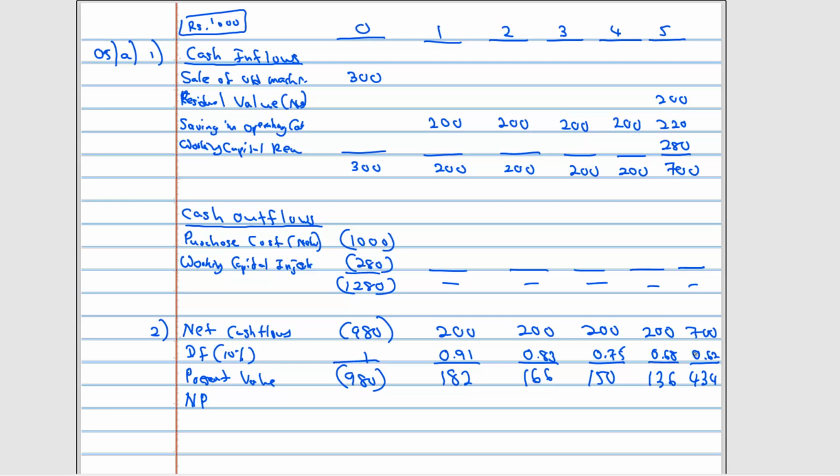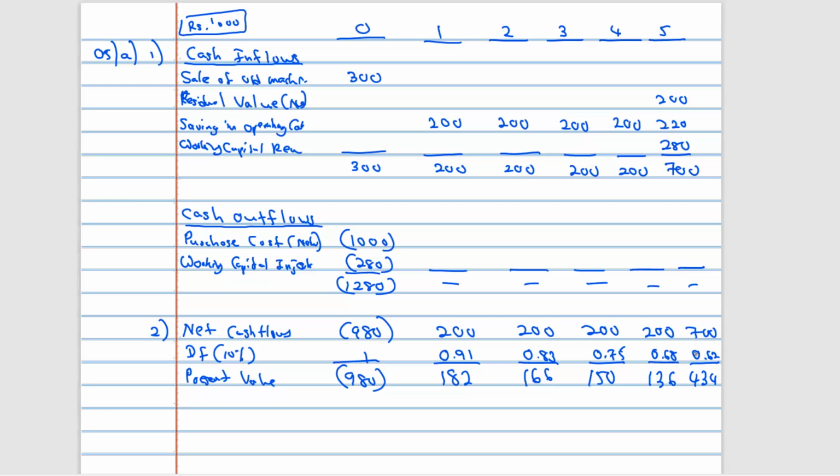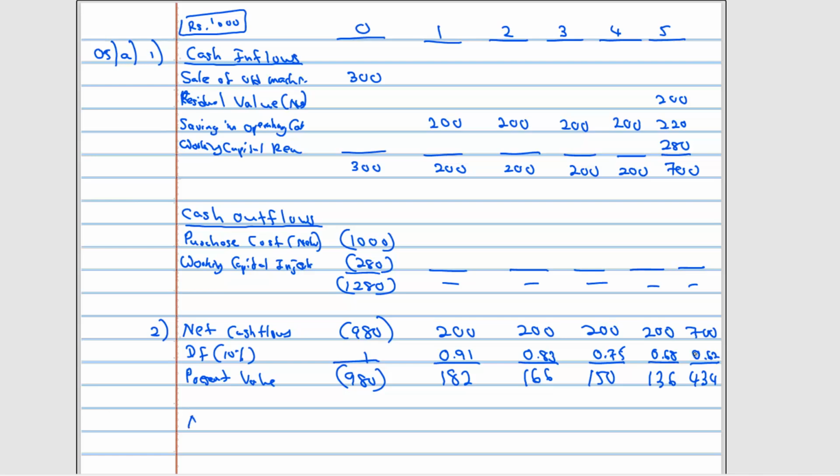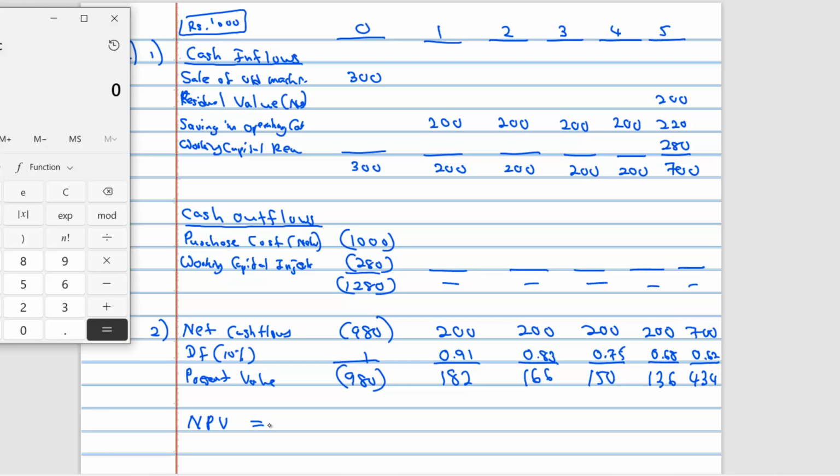Let's calculate the NPV. I'll get it to the next slide. NPV is how much? Minus 980 plus 182. I'll take the plus values first. 182, 166, 150, 136, 434, minus 980.